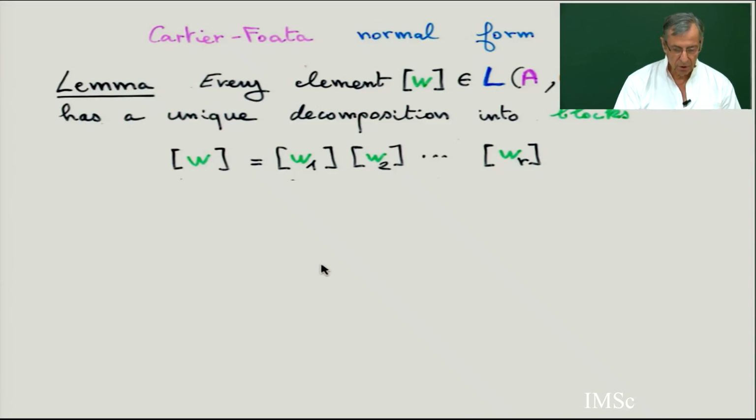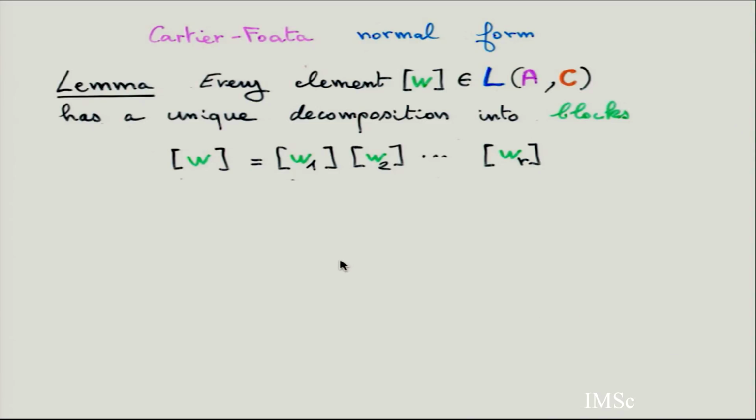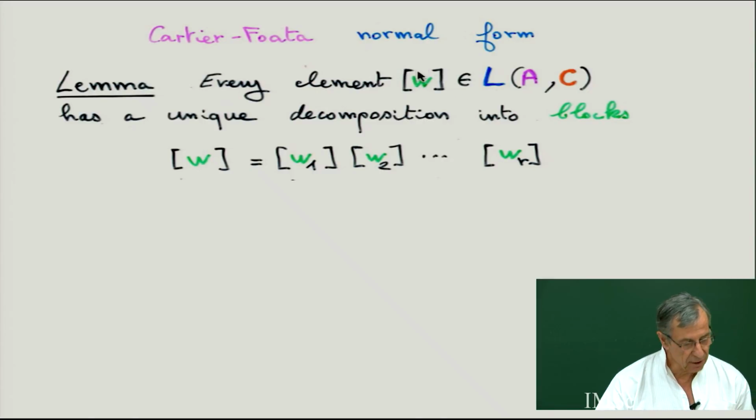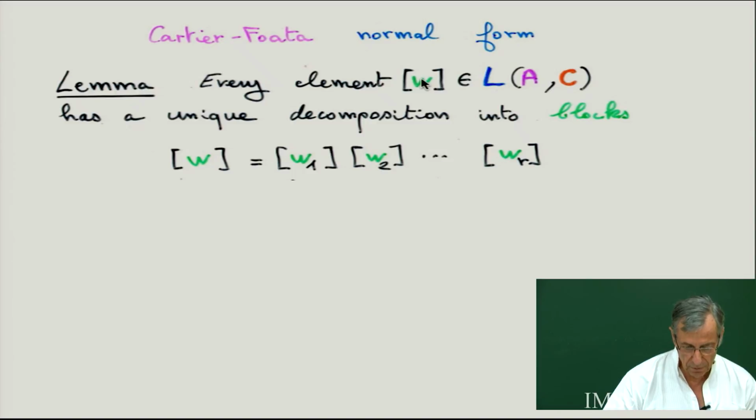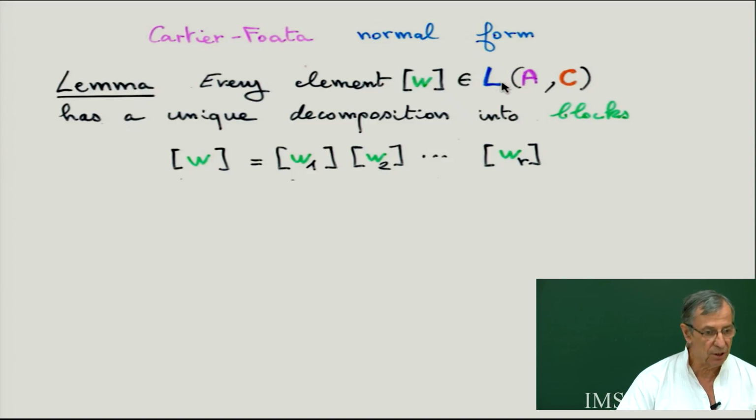It is one of the first theorems in the lecture notes of Cartier-Foata in 69, that you take any element. This is an equivalence class of the word W. This notation means equivalence class for the commutation of the word W. This is an element of the commutation monoid. This is another notation for the commutation monoid with alphabet A and commutation relation C. This was the original notation of Cartier-Foata.